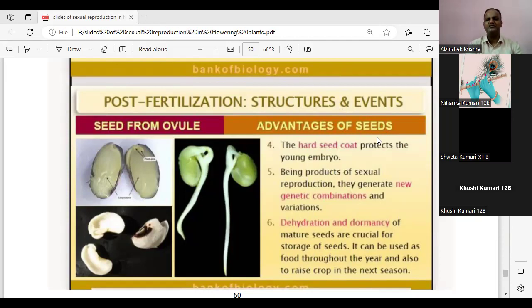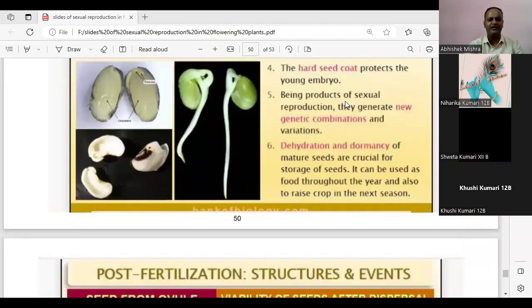Genetic combination means that during fertilization, half of the chromosomes come from one parent and half from the other parent. So the genes combine, new characters are formed, and the formation of a new set of characters creates variation. And variations are the raw materials of... if I give you a fill in the blanks, see, I'm writing a fill in the blanks for you.